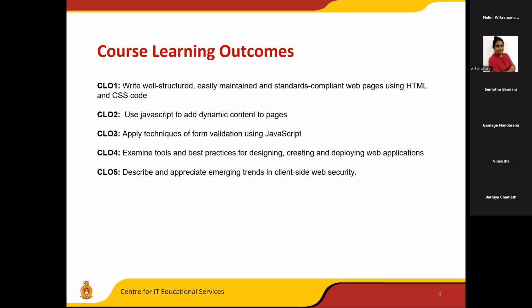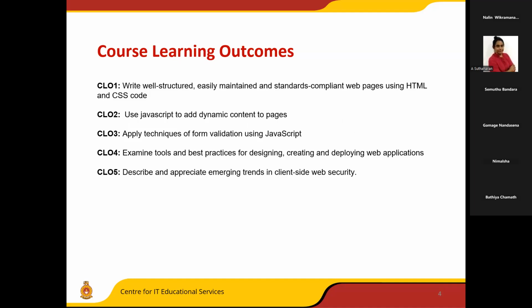So, course learning outcomes. The course consists of 5 key learning outcomes. First, students learn how to structure and design web pages using HTML and CSS. Second, they learn how to make websites interactive using JavaScript.